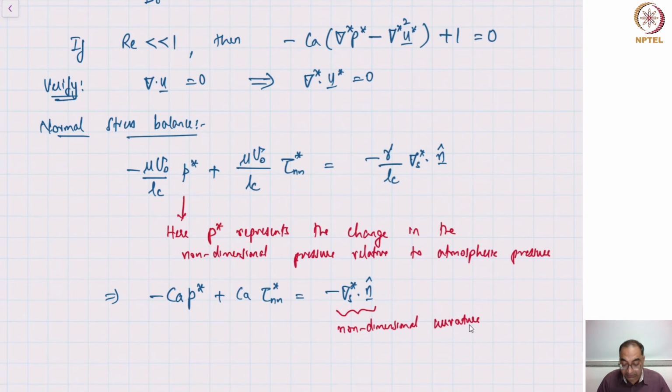So now what we have is, we have all the three equations are shown here. The first equation is a balance between the pressure, viscous, and gravity. Then we have the continuity equation, which is for mass balance. And then finally we have the normal stress balance. Okay.